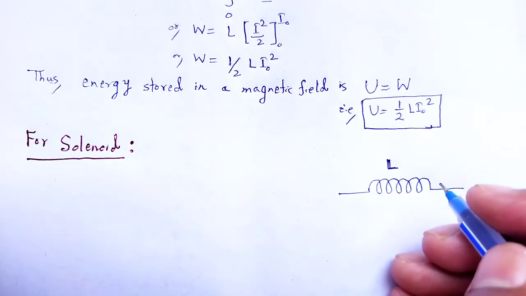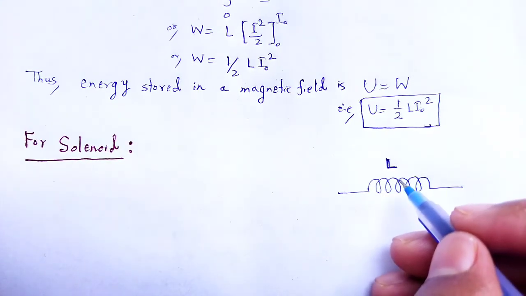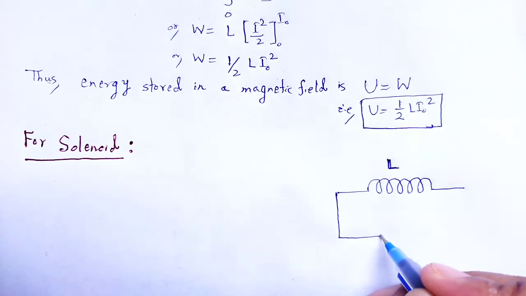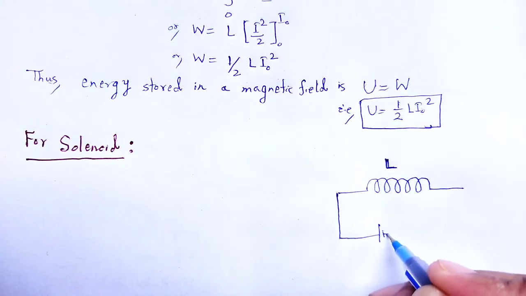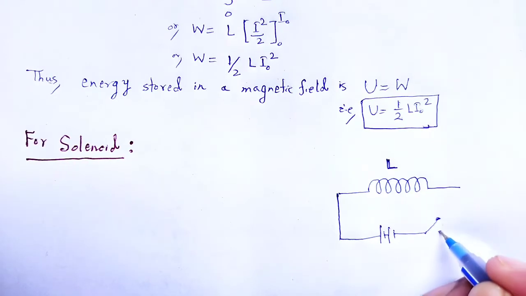So, we consider a circuit consisting of an inductance coil along with a battery and a key.